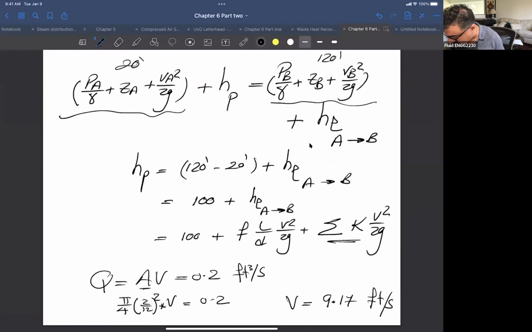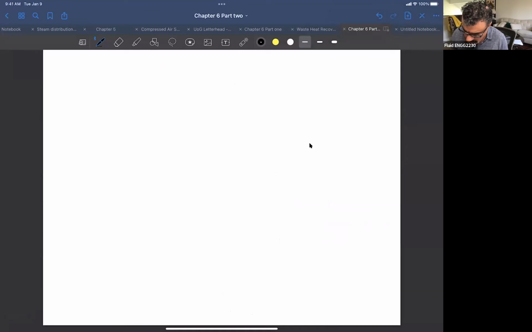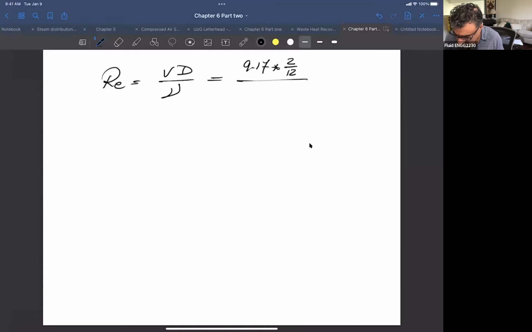So I have the velocity here, which is 9.17, and then I can find out the Reynolds number. The Reynolds number here is VD over nu. The velocity here is 9.17. The diameter is 2 inch, but it has to be in feet, so I can make sure that everything is the same unit.